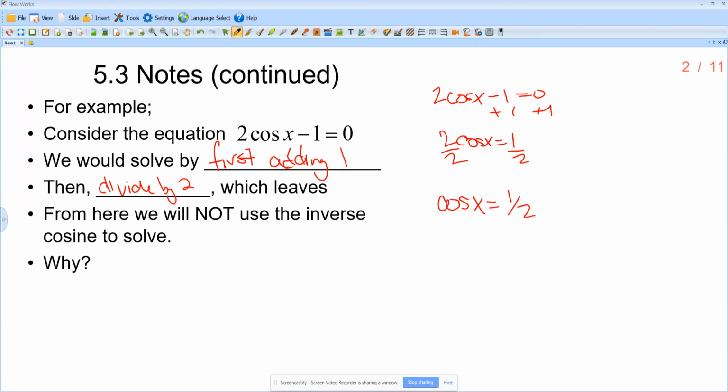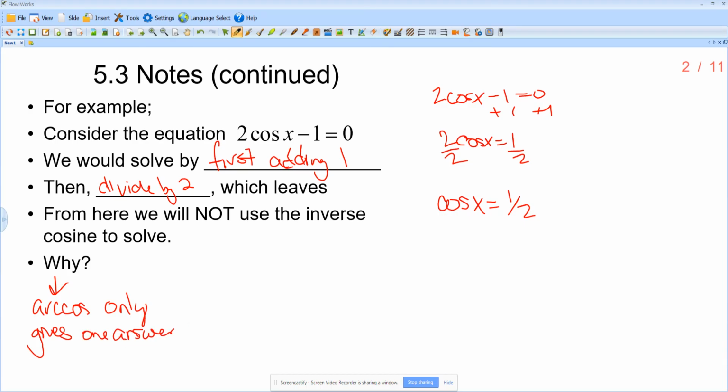From here, we are not going to use the inverse cosine to solve. The reason for that is that arc cosine only gives one answer.